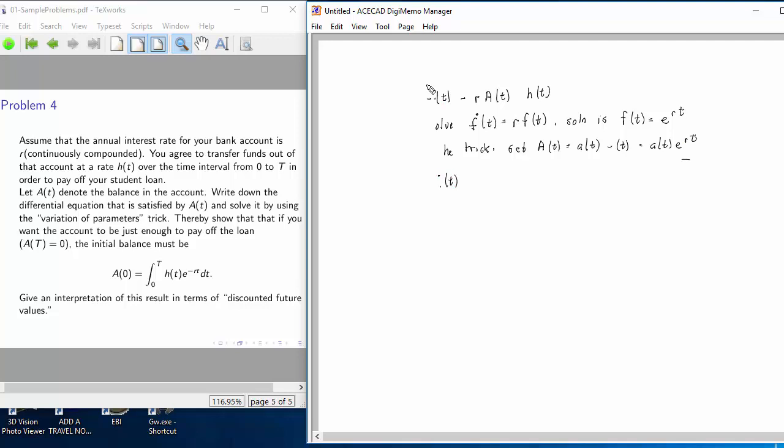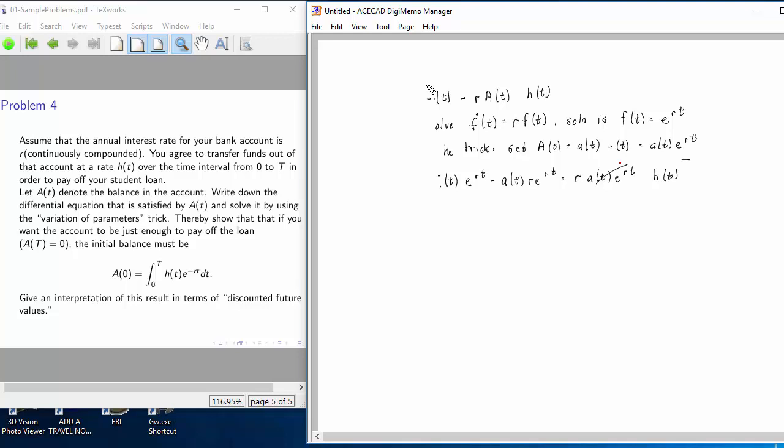I'm differentiating a product, so I get two terms, a dot of t times e to the rt plus a of t times r e to the rt, and that equals r times capital A, which is little a, times e to the rt minus h of t. Bingo! This term and this term cancel. If that doesn't happen, you've done something wrong.